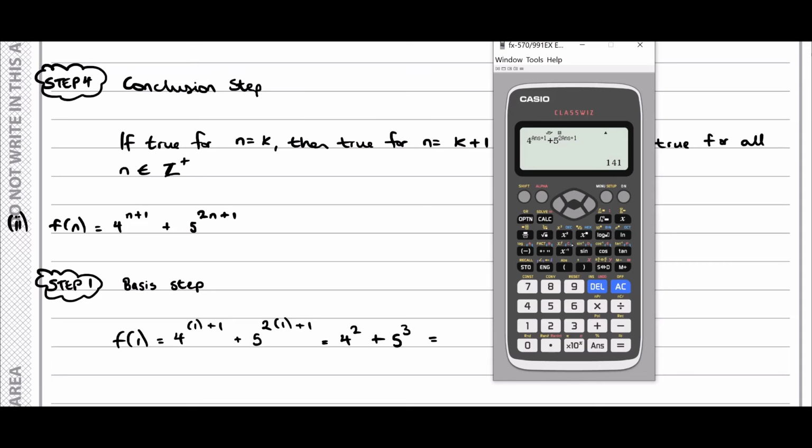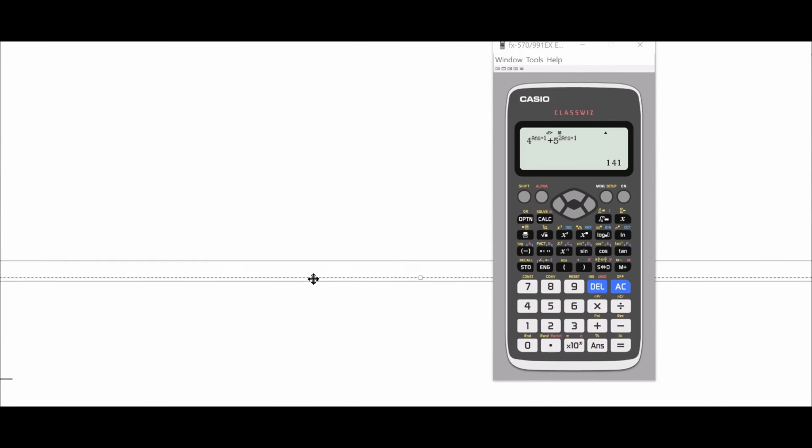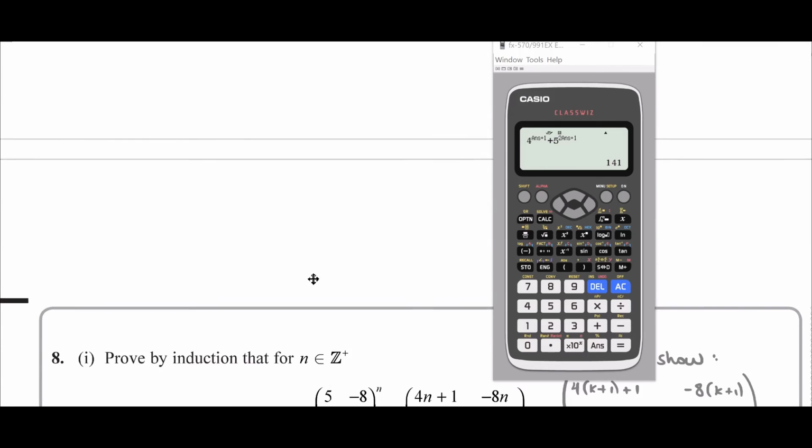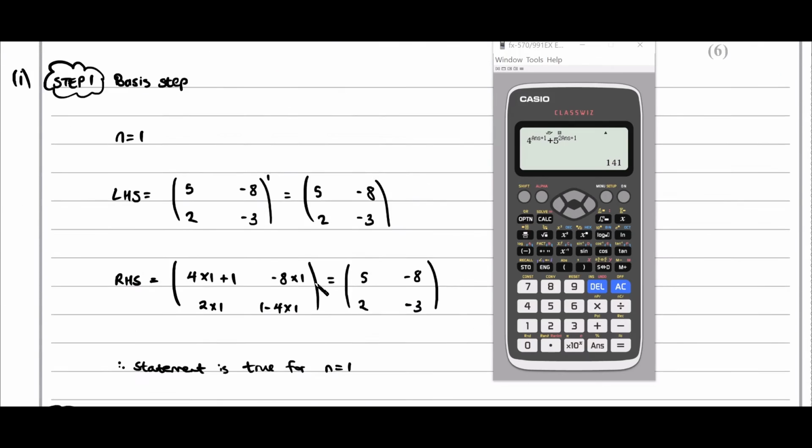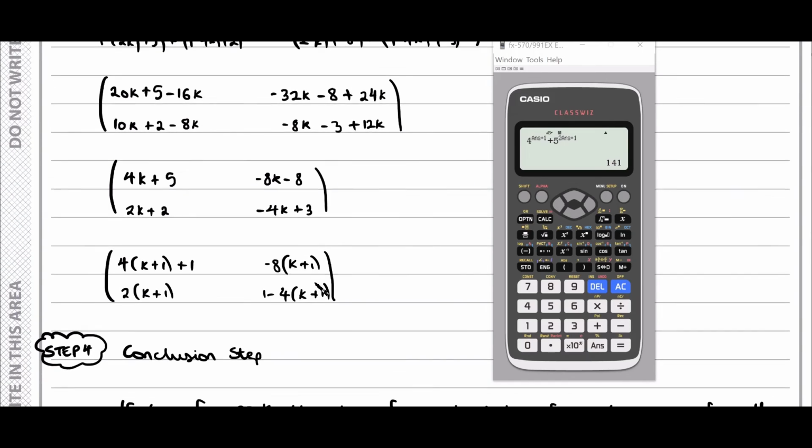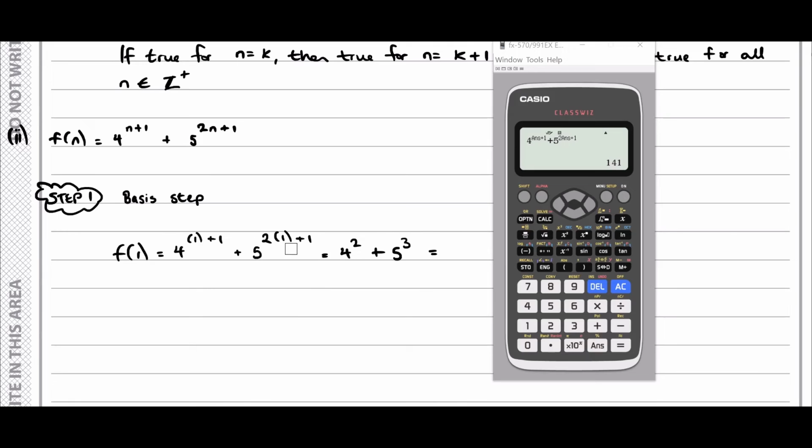Am I missing something here? I think this should be, well, it's 2n minus 1, sorry. So that was my mistake. So we have 4 squared plus 5 to the power of 1, which is 21.